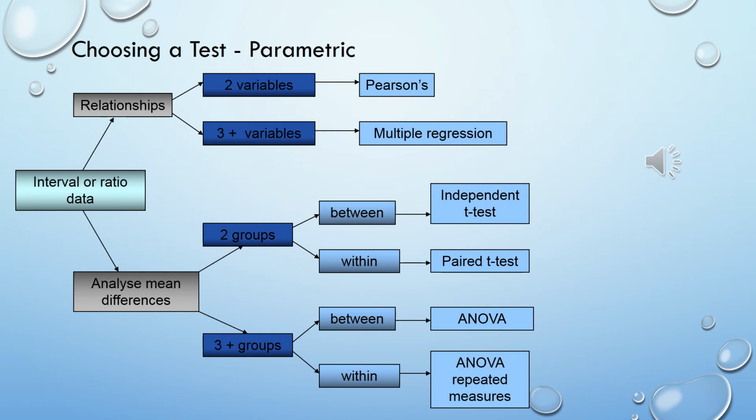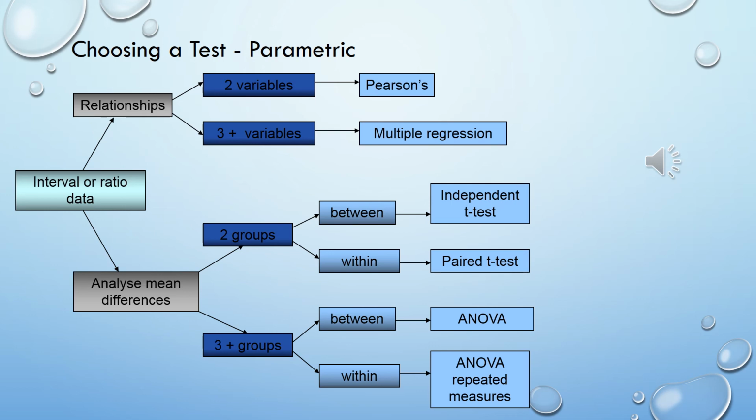So, little bit of an illustration here, okay? That'll definitely help when you're putting your proposal together, okay? So, parametric. If we have interval or ratio data, first question you've asked, as you've collected your data, okay? We then look and say, right, am I now looking for a relationship or am I looking to analyse mean differences? Okay, let's assume we're analysing mean differences.